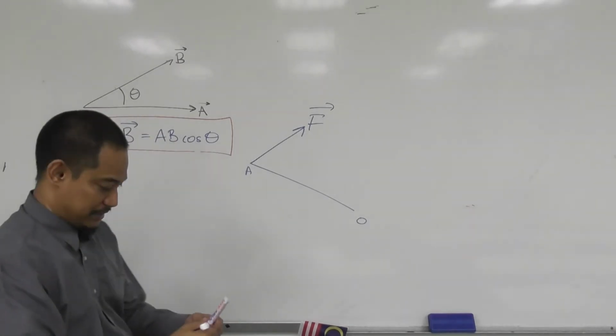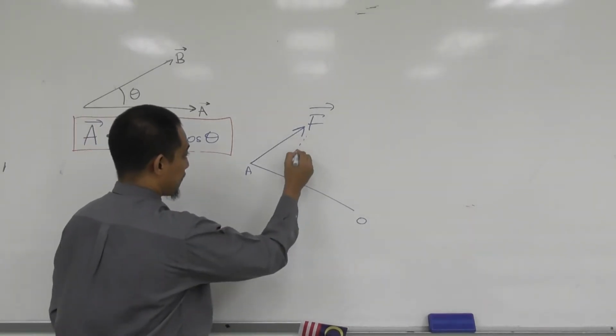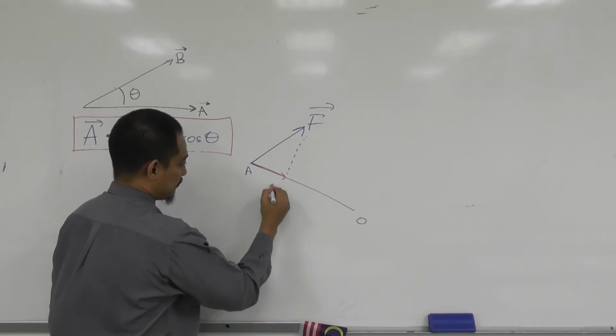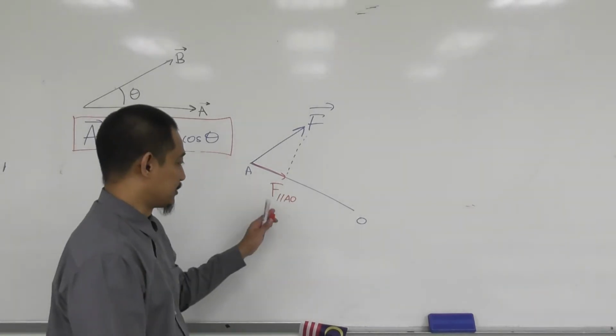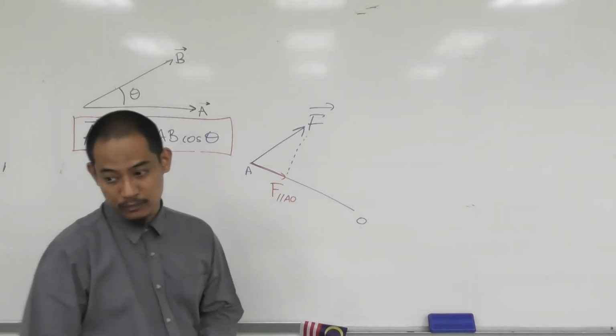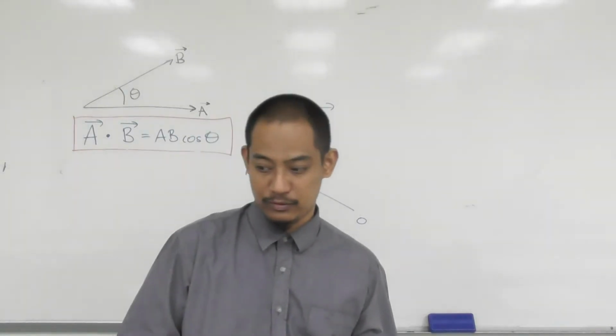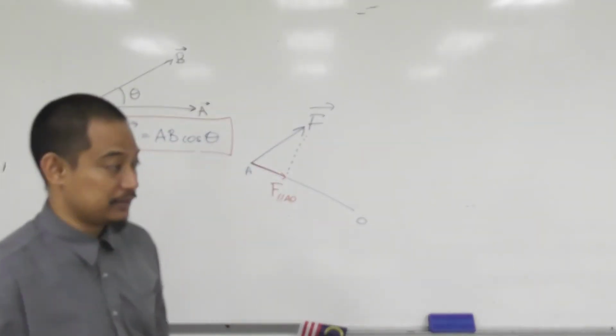What is the projection? Meaning something like, okay, this F parallel to AO, parallel to line AO. What is this component? That's the question, right? What is the magnitude of the projection of force along line AO?